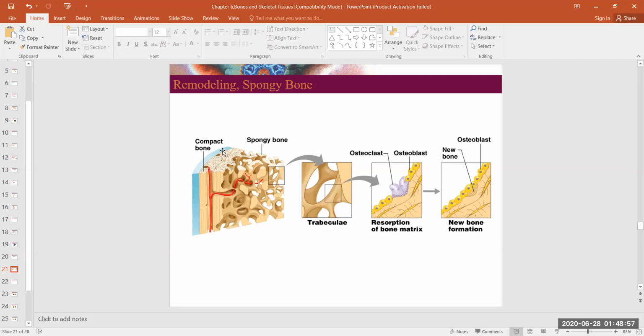You see, this is the compact bone, spongy bone. So if there is excess bone, you see the osteoclast, this is the cell, there is a rough border here. And this rough border is putting acid here, hydrochloric acid, and eating up this bone. So when osteoblasts make it, and if there's excess, they are the ones who clean it.